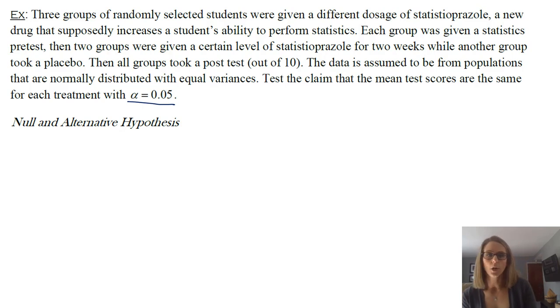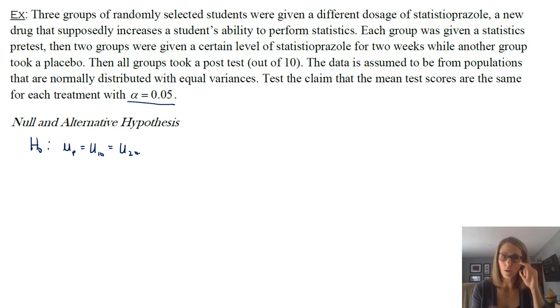Your null is just that the means are equal. If you want to show that you understand a little more, you might say that the mean of the students that got the placebo is equal to the mean of the students that got 10 milligrams is equal to the mean of the students that got 20 milligrams. That would show the 3 means you are dealing with in this problem.